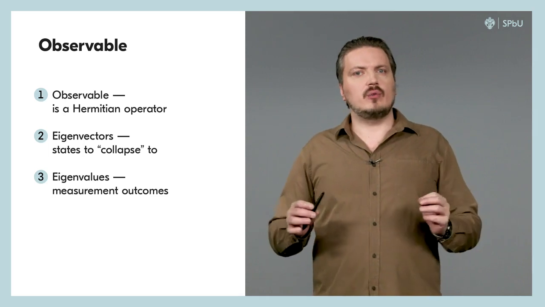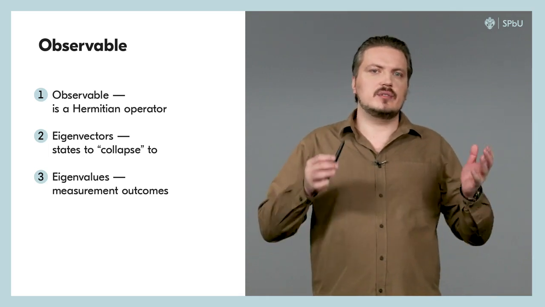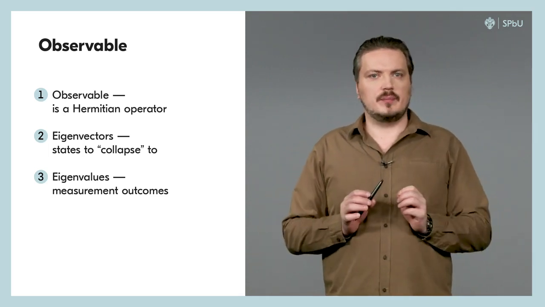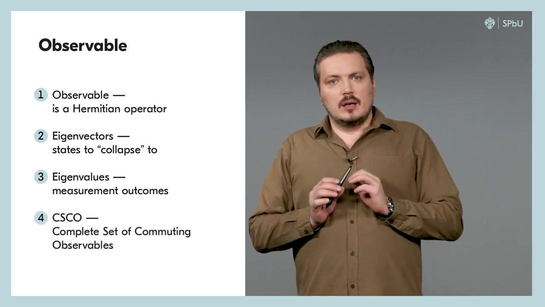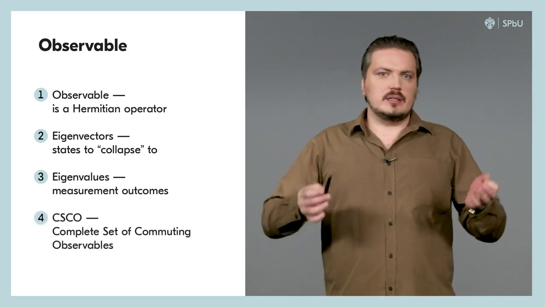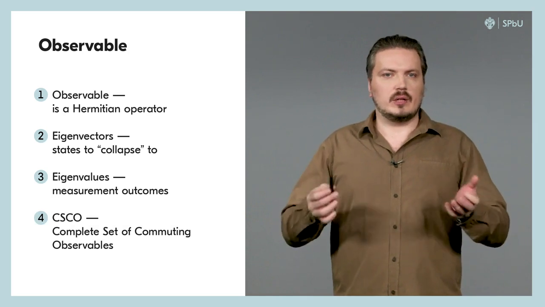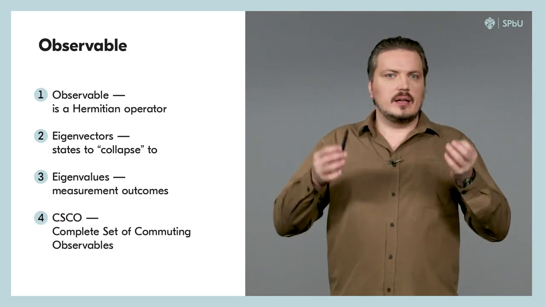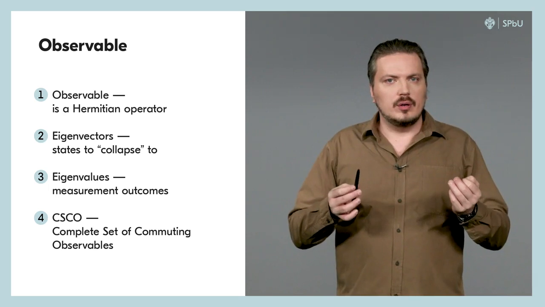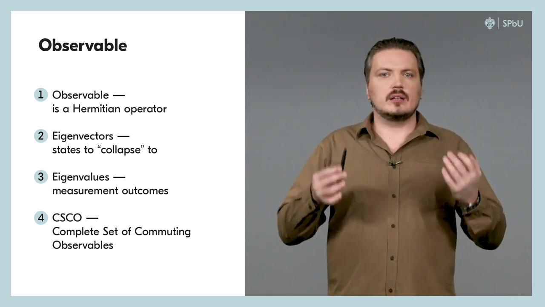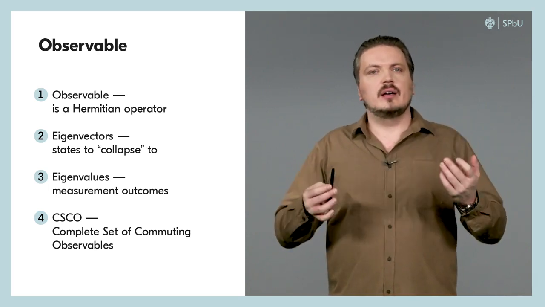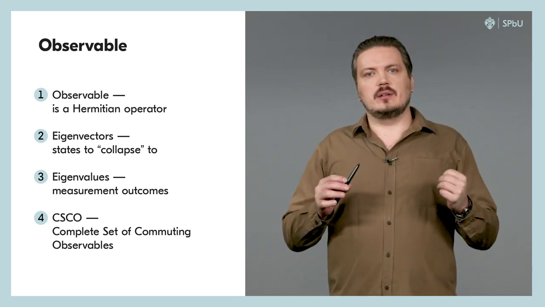But if we don't have one, we can use a set of several commuting observables. It can be proved, and this is a fundamental theorem in quantum mechanics, that if two observables commute, one can construct an orthonormal basis of their common eigenvectors.